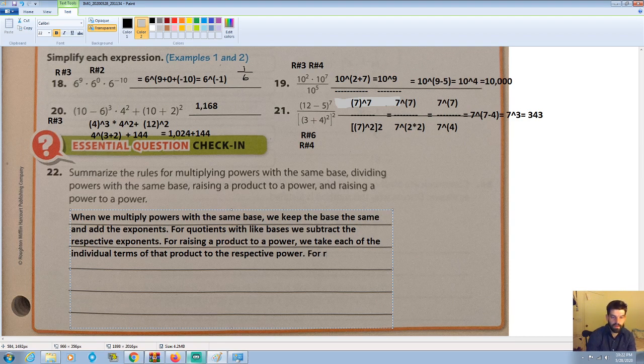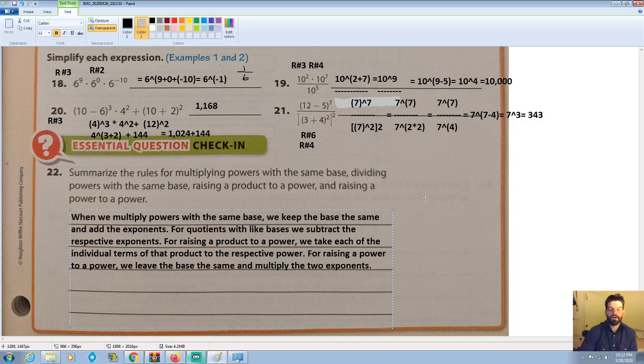For raising a power to a power, we leave the base the same and multiply the two exponents.